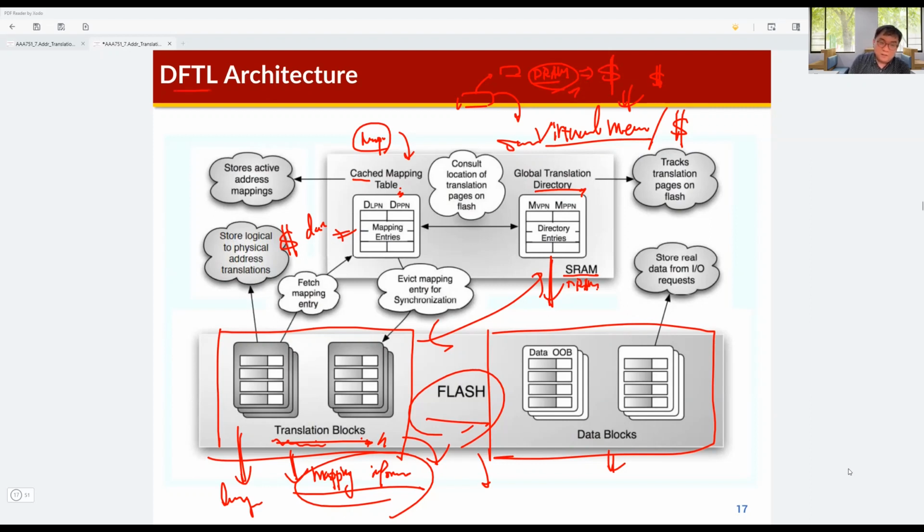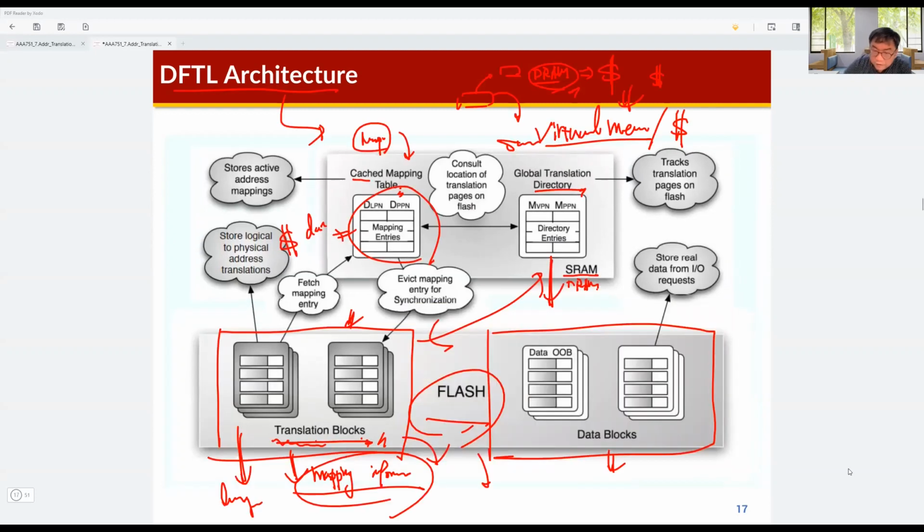So the DFTL architecture is also similar to these virtual memory ideas, because the size of the translation table is very large, so the SSD manages the cached mapping information in the SRAM or DRAM, and the other mapping information is stored in the flash memory. Okay. So an interesting idea.